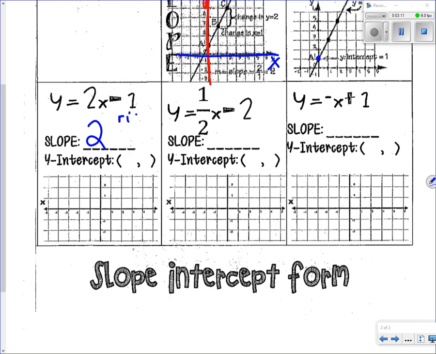So our rise over run is 2 over 1. I just made that whole number a fraction. So this is our slope, or our m. Our y-intercept is this negative 1, and that's our b. Let me write that as b.